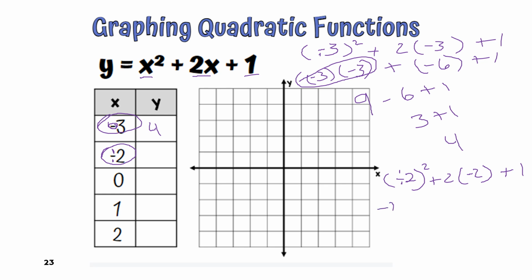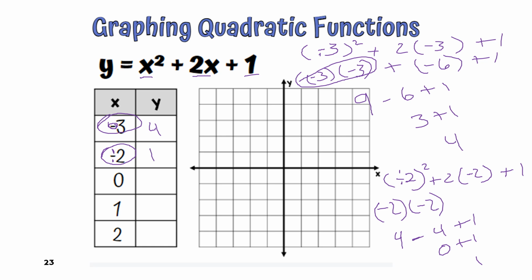Well, negative 2 times negative 2 is 4. A positive times a negative is a negative, so I'm going to write down my negative sign. 2 times 2 is 4. And then I hadn't done anything with the plus 1. 4 minus 4 is 0. 0 plus 1 is just 1.